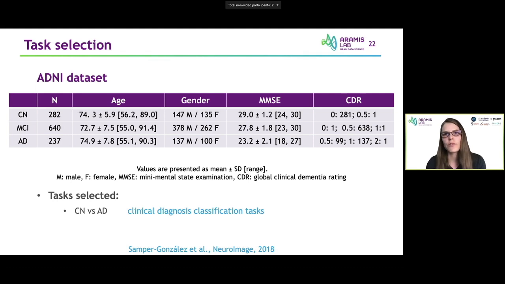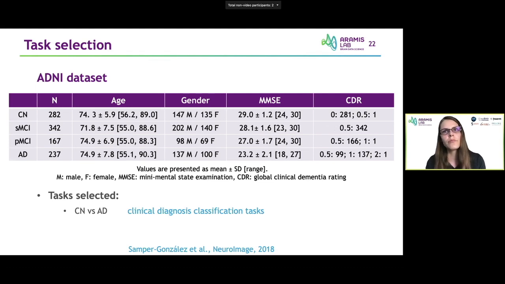Distinguishing MCI subjects that will progress to Alzheimer's from those that will remain stable would be more interesting. It would allow predicting the group of subjects that will likely develop the disease. But for that, we need to define new labels.